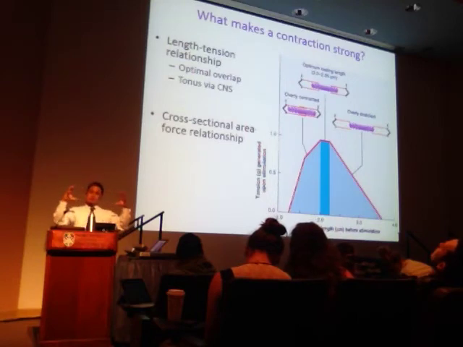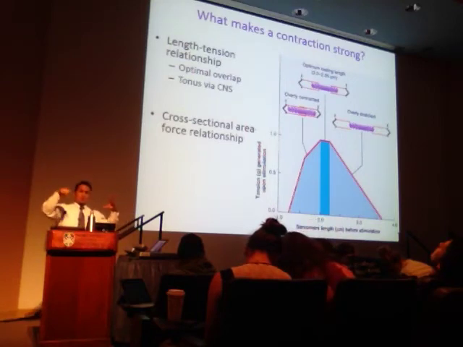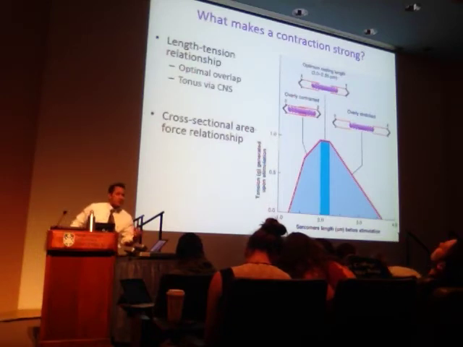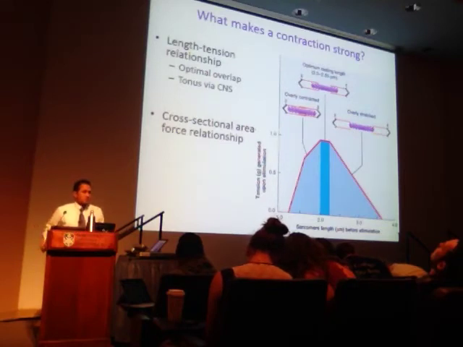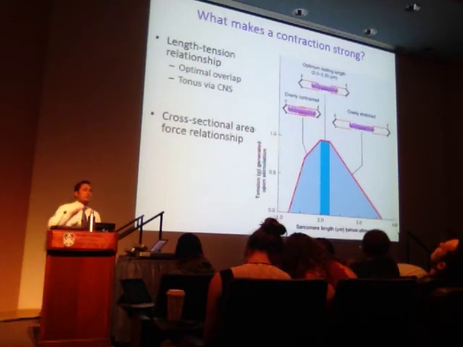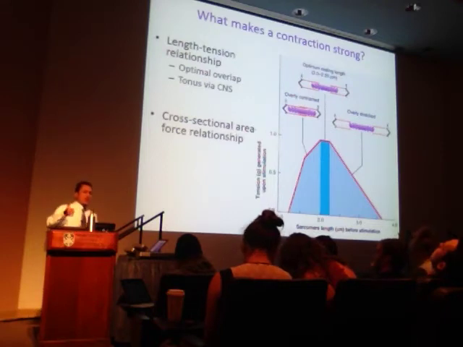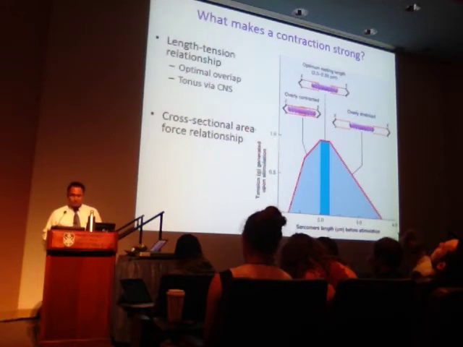Because the larger the muscle fiber, the more myosin heads are in that muscle cell, and so you can generate more force. So a larger muscle generates more force than a smaller muscle. That should make sense. And it's a direct relationship. Okay? As size goes up, force production goes up.